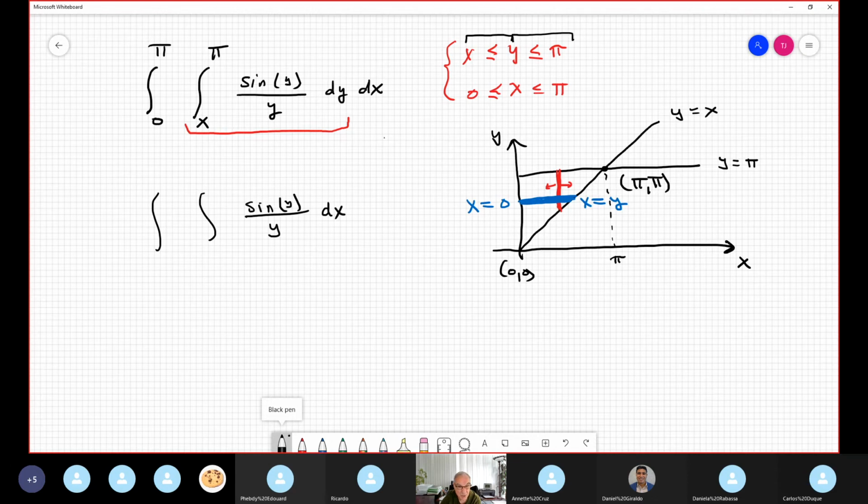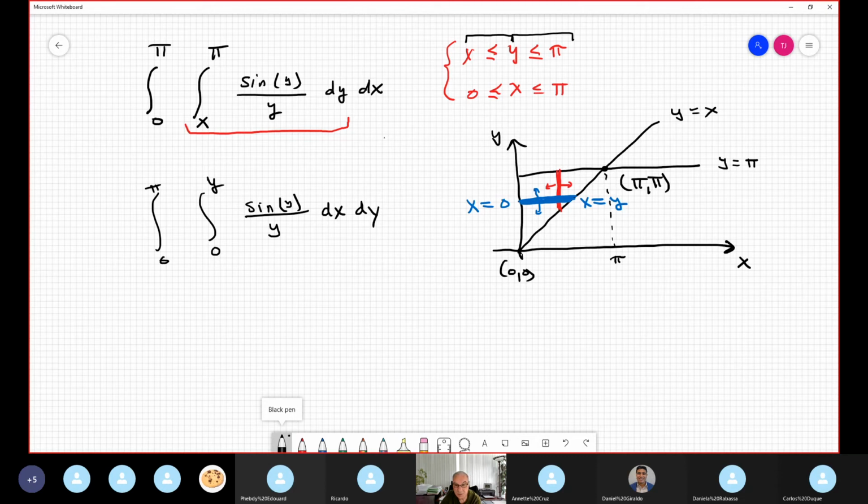But now I change the order of the integration. I discover that x varies from 0 to y, and when you open the window in that direction, y varies from 0 to pi.